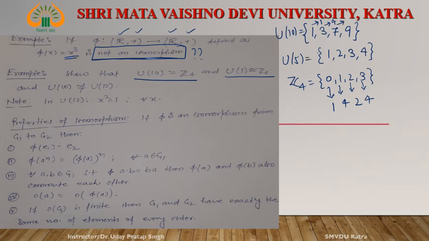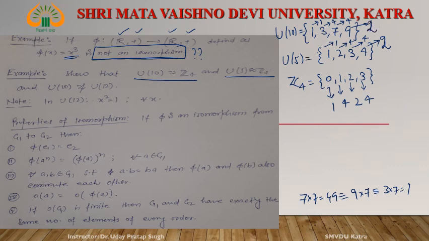Order of 7: 7 into 7 is 49, and 9 into 7 is 63, which is equivalent to 3, and 3 into 7 is equivalent to 1, so the order of 7 is 4 and the order of 9 is 2. Similarly, in U5, the order of 1 is 1, order of 2 is 4, order of 3: 3 into 3 is 9, that is 4, 4 into 3 is 12, that is 2, and then 1, so the order of 3 is 4, and the order of 4 is 2.